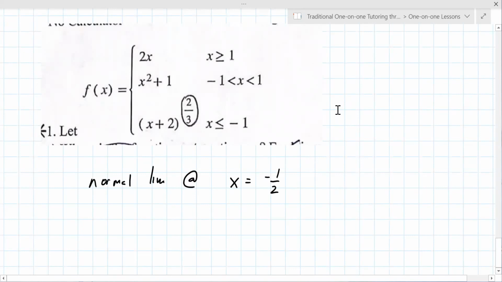So -1/2, that would be the second one. -1/2 squared plus 1. 1/2 squared is 1... 1 plus 1 is 2.